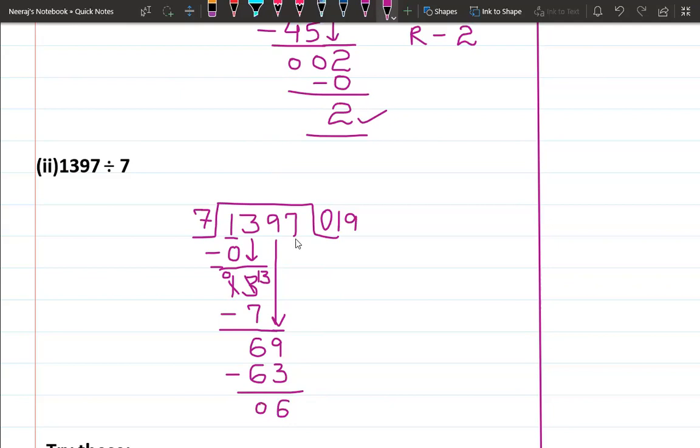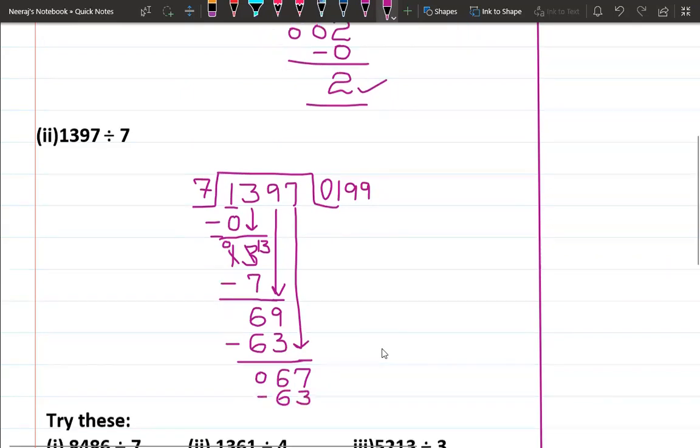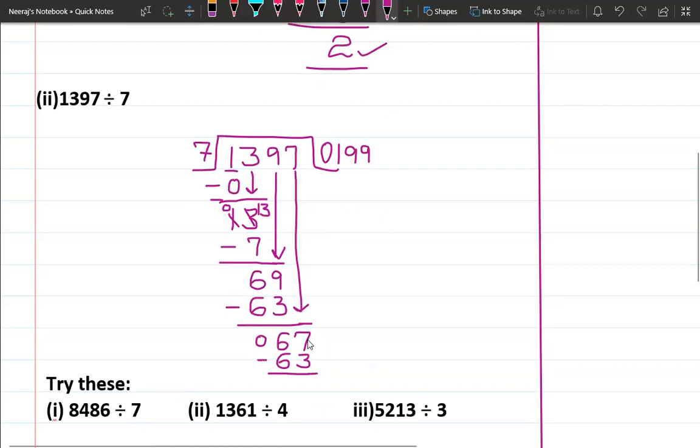Now we are left with the last digit in the dividend. Just bring it down like we brought down the other digits. So this will become 67. We will divide 67 by 7. So 7 again will go with 9. 7 nines are 63. Now you have to subtract. 7 minus 3 will be 4, and 6 minus 6 will be 0.